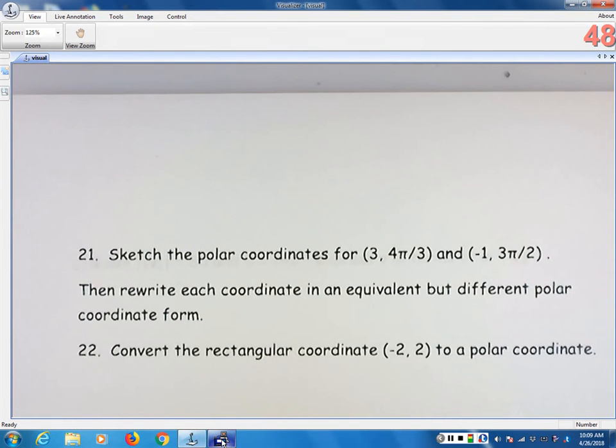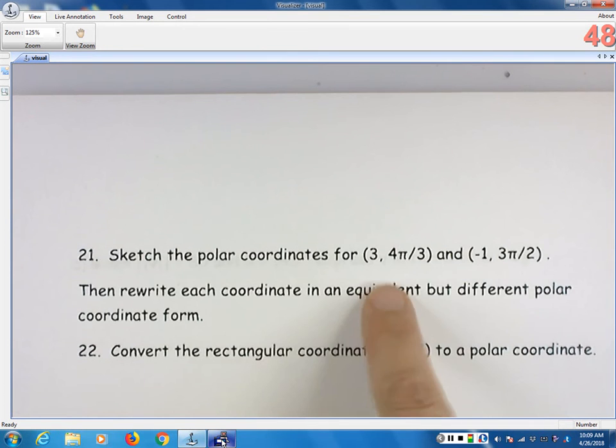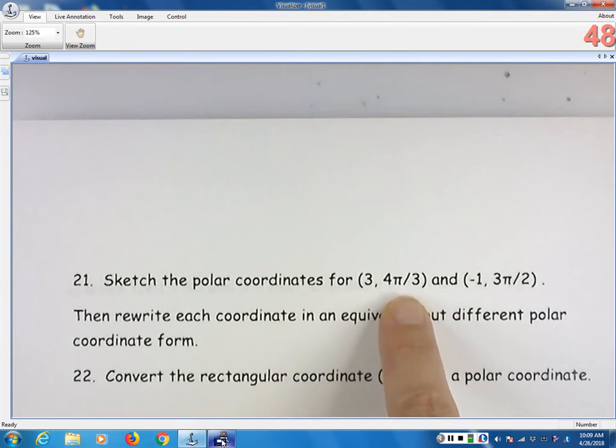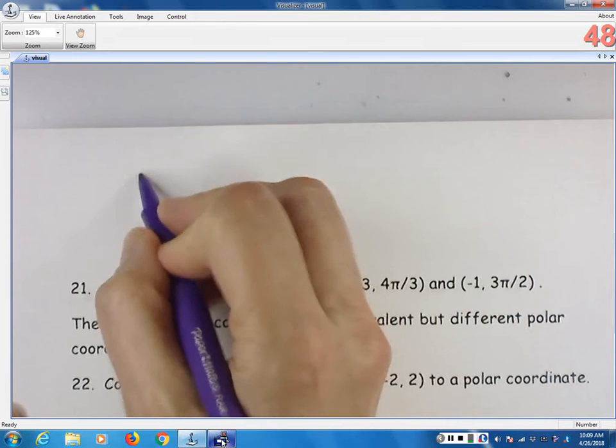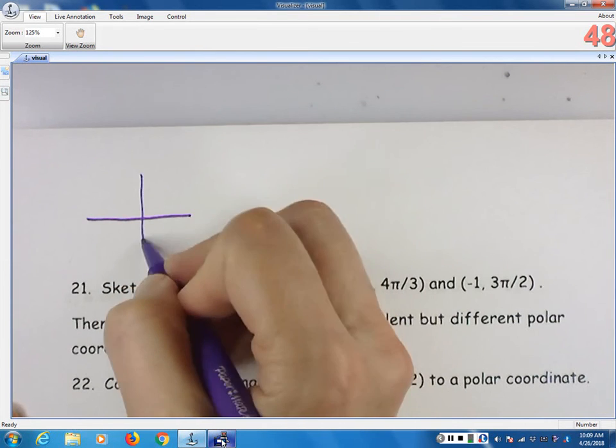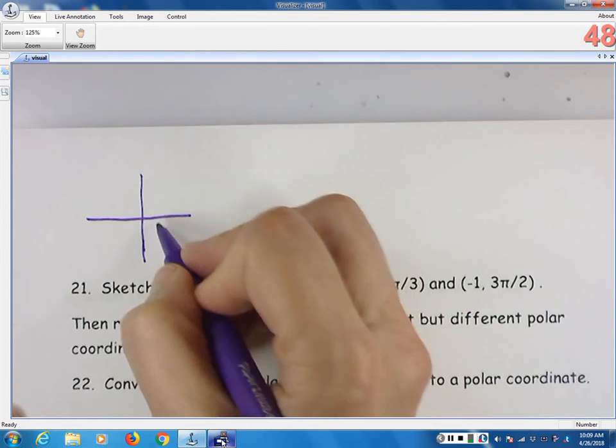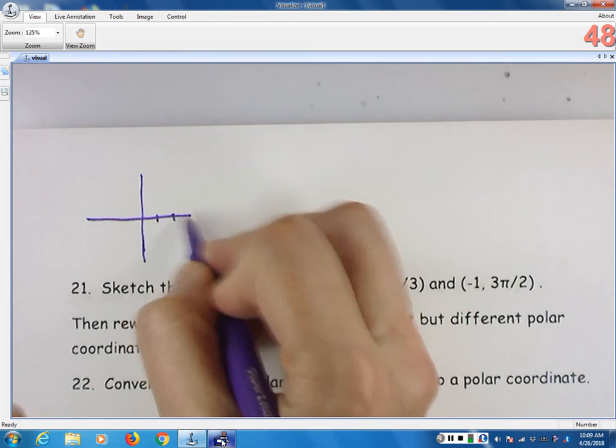All right, so sketch the polar coordinates for 3, 4 pi over 3. Okay, so 1, 2, 3.